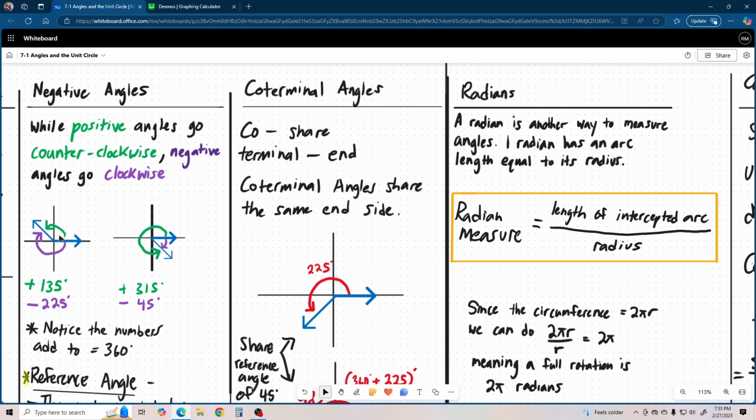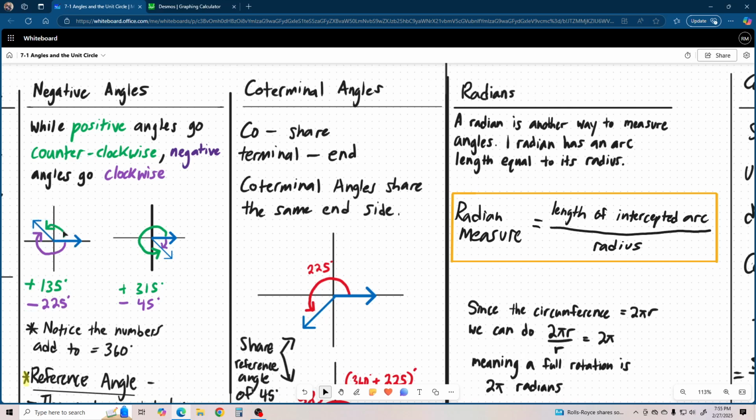So let's look at this first one, right? If I go from this initial side to the terminal side up here in the second quadrant, this is going to be 90 degrees plus a little bit more. It tells us here that the angle is positive 135 degrees, right? So this is actually a 45 degree angle here from this point.